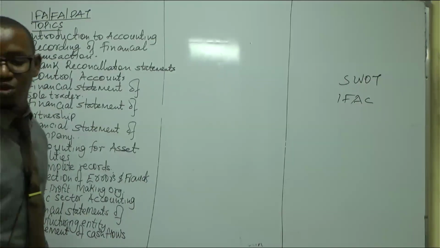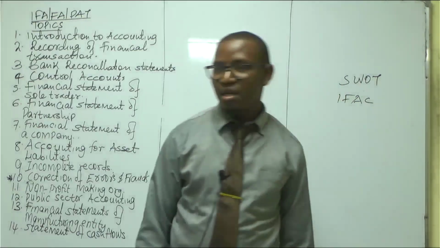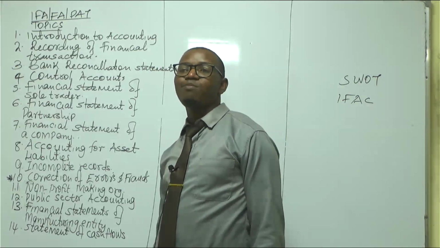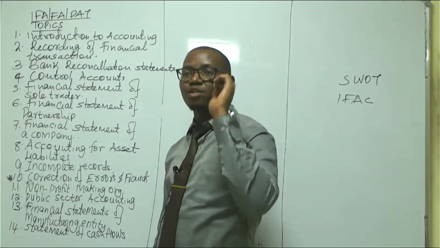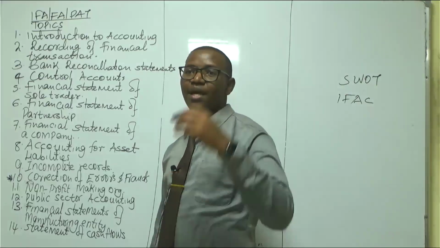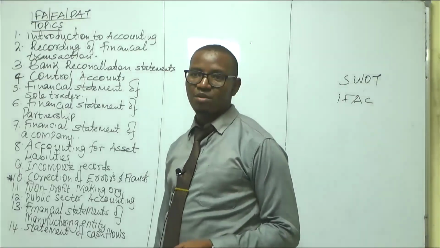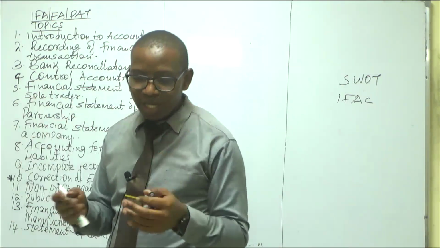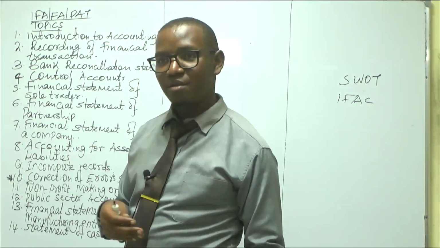This is under IAS 7. Now, the statement of cash flows is a statement that shows the various sources of cash of an organization and how the cash is utilized in that organization. This is how the company gets money and how they use that money.